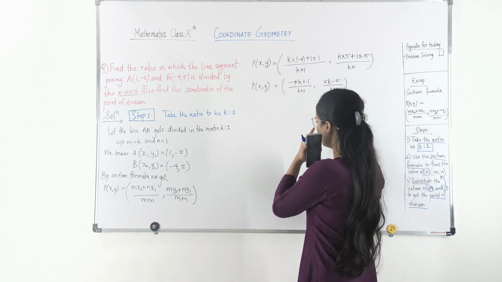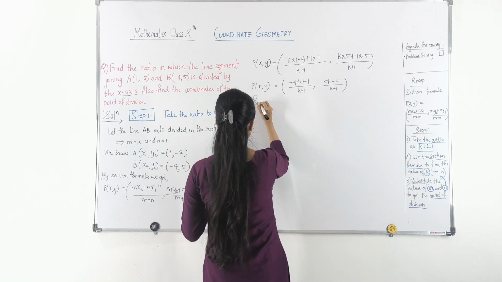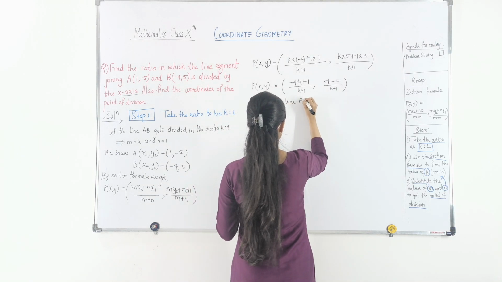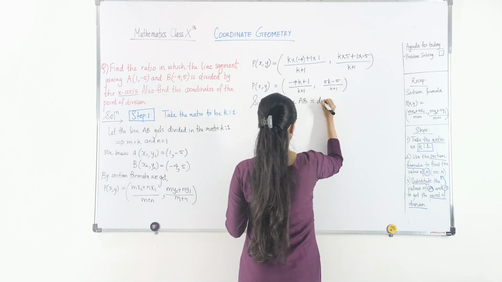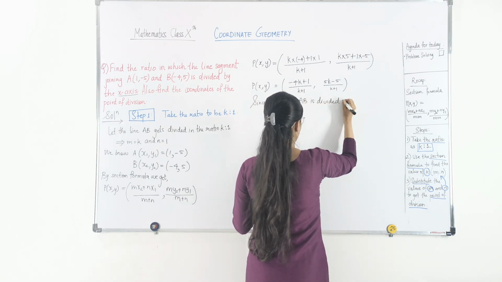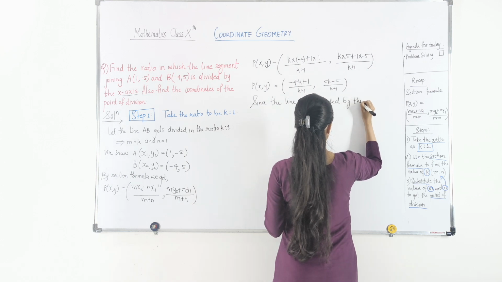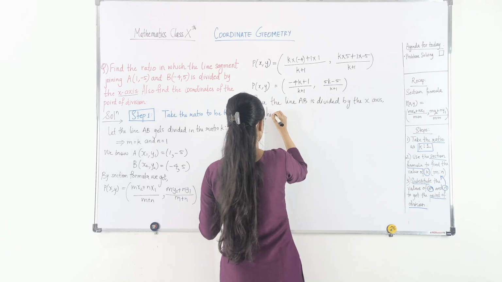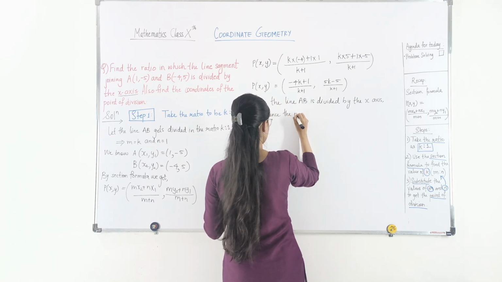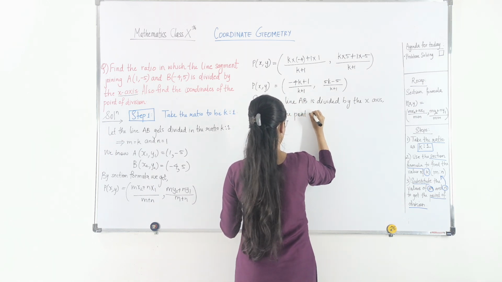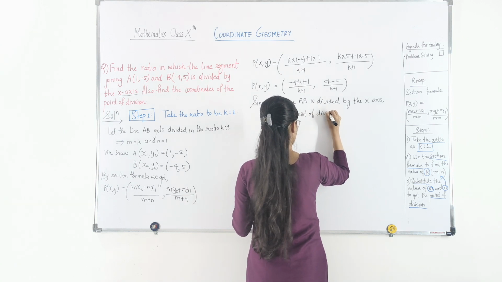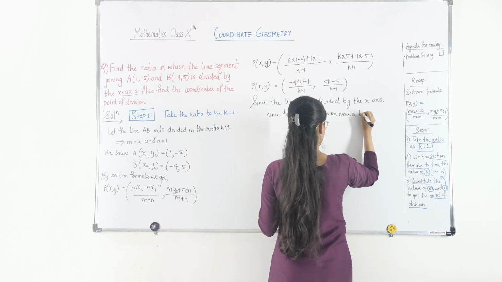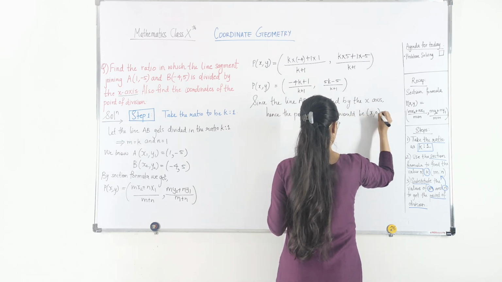So we are going to use the given fact that since the line AB is divided by the x-axis, hence the point of division would be x comma 0.